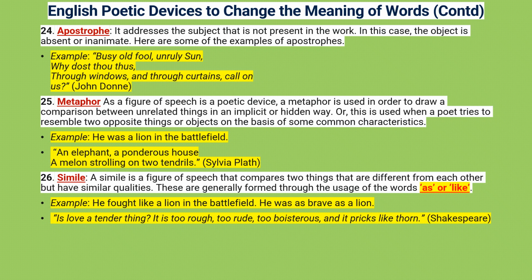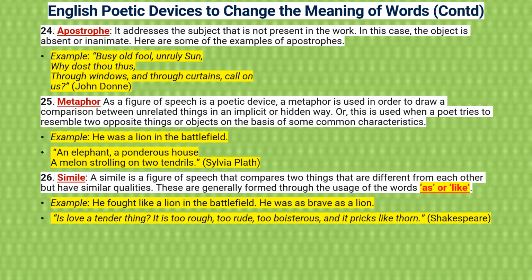So if you see a sentence where you find as and like, you can say blindfolded that it is a simile. Now check metaphor. In metaphor, we have neither S nor L, which means as and like will not be there. If as and like are not there, it is definitely a metaphor.